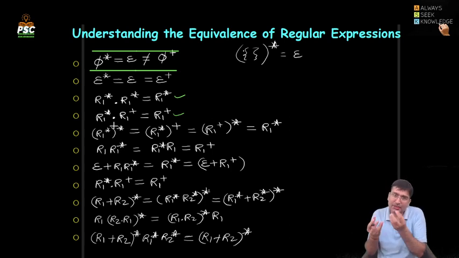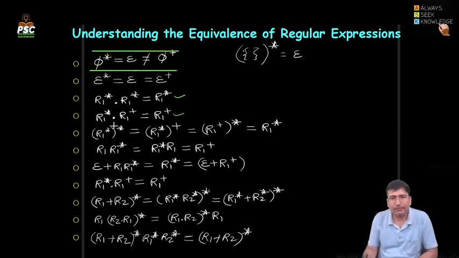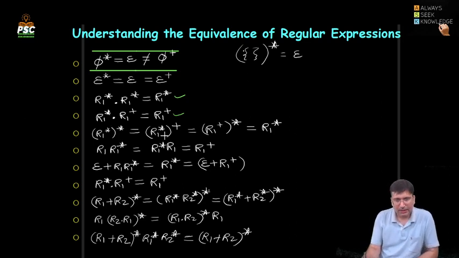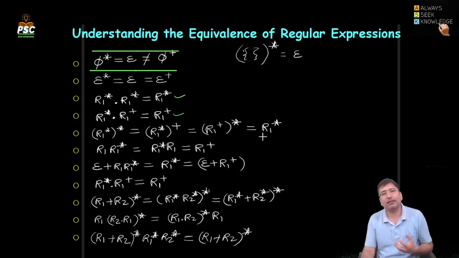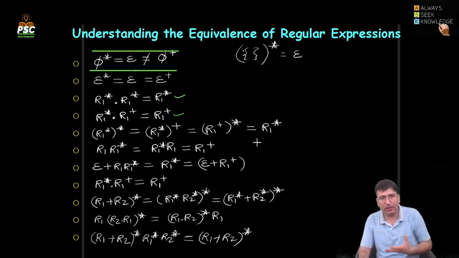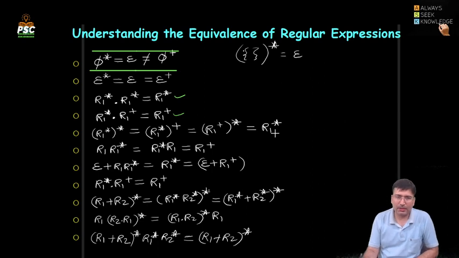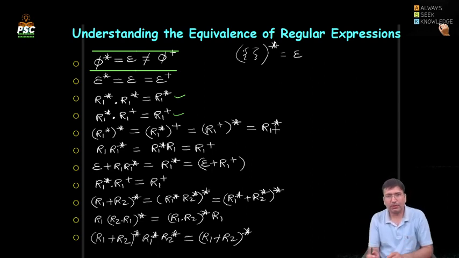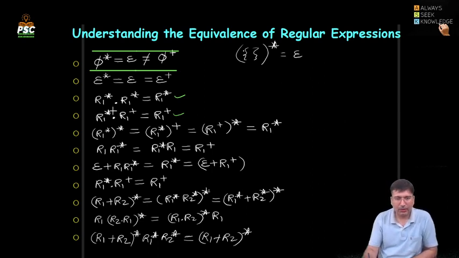So if you put R1 star to the power star, it is only R1 star, right? If you write positive closure of every possible thing, that means it may generate null also, then every possible thing. So it is never going beyond the boundary of R1 star, because it is the universe over a particular alphabet. I hope this is also clear to you, right?